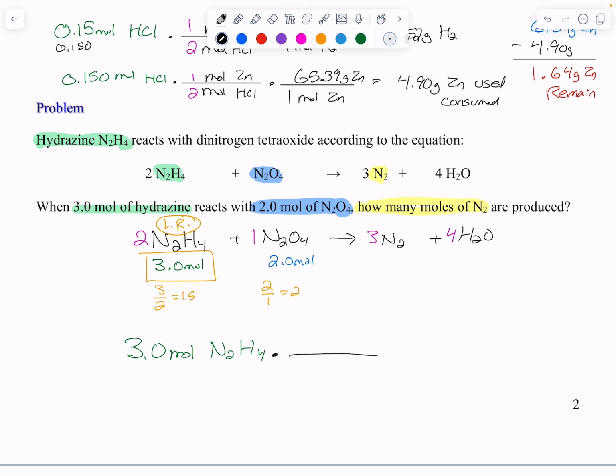And we'll do our mole ratio. Moles of N2H4. Moles of N2. Coefficients from the equation, 2 and 3. So that's what, 9/2 or 4.5 moles of N2 produced. And that's it. So hopefully you got 4.5 moles on your own. All right.